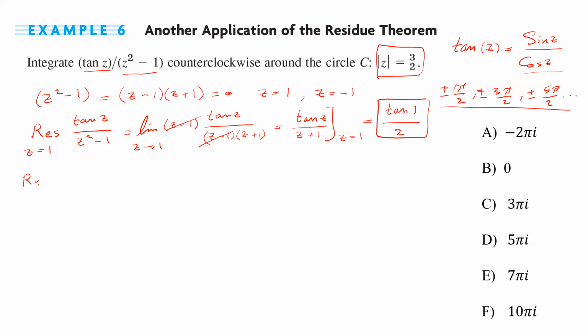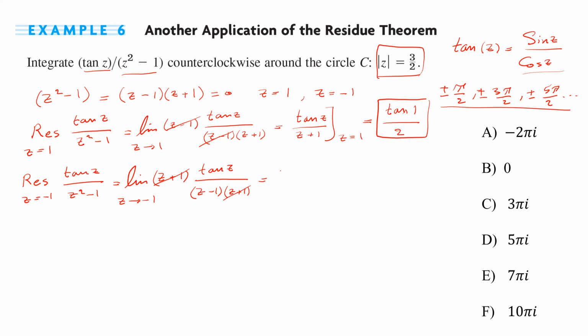What is the residue at z equal to -1 of tan of z divided by z squared minus 1? It becomes the limit as z goes to -1 of z minus -1, which is z plus 1, times tan of z over z minus 1 times z plus 1. Right? And now z plus 1 cancels.